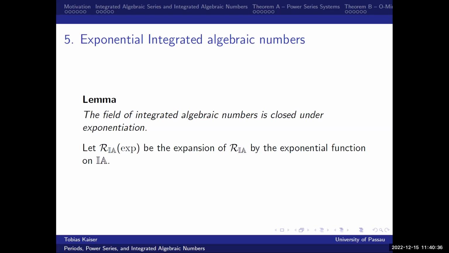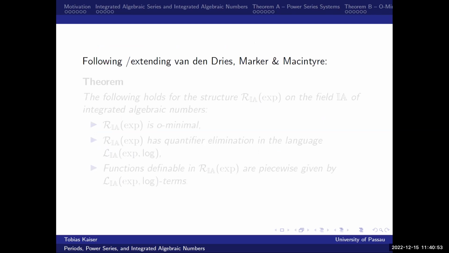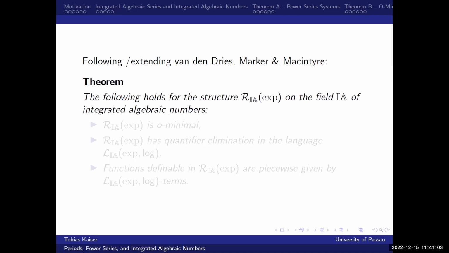And now I can expand the structure by the exponential function, which is again a structure on my countable Weierstrass field downstairs. And then, following and extending a paper of van den Dries, Macintyre and Marker, the paper Tom mentioned, the following holds for this structure on the field of integrated algebraic numbers. It is o-minimal.